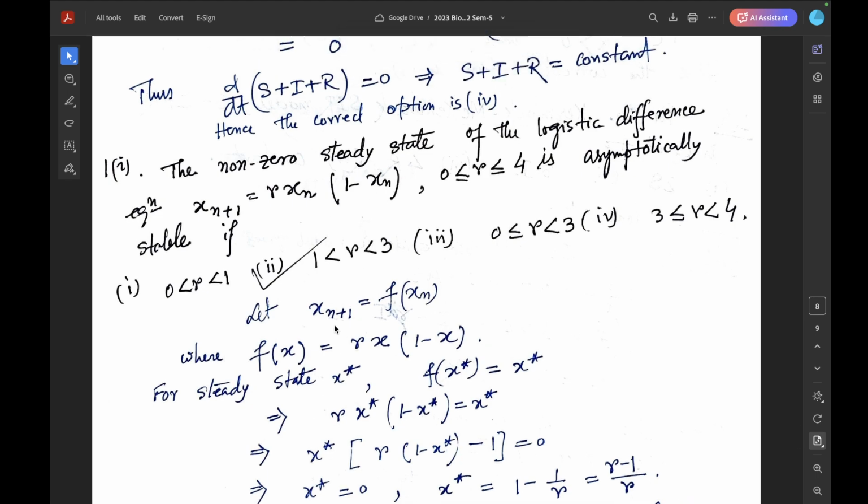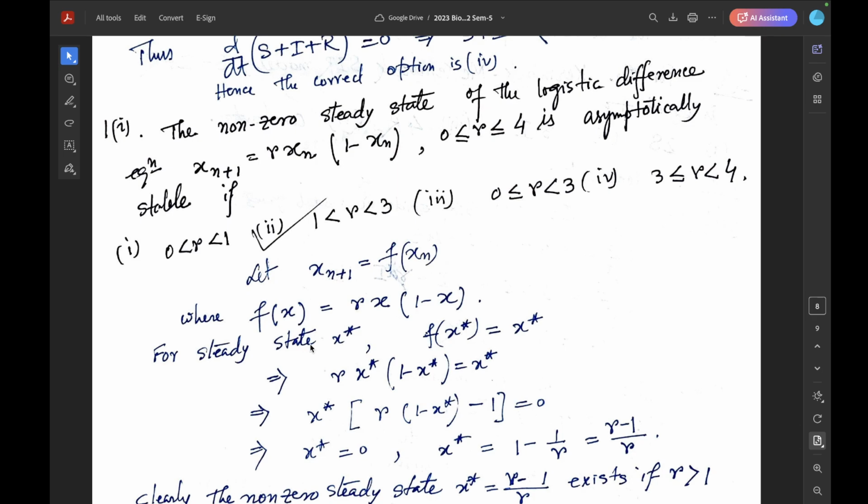Let x(n+1) equal f(x(n)), where f(x) is r x (1 minus x). For a steady state x star, f(x star) equals x star. So r x star (1 minus x star) equals x star.